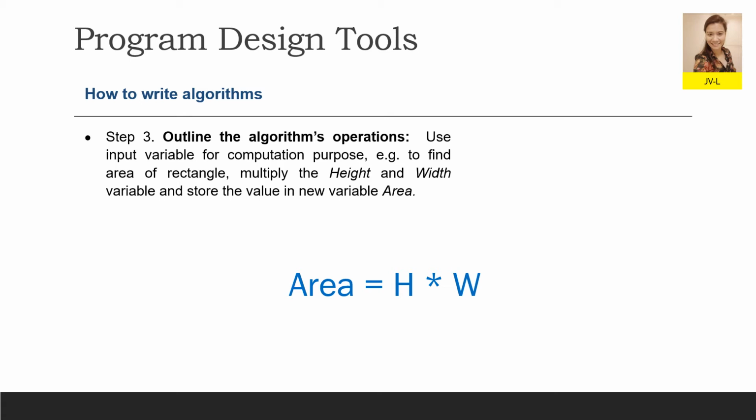So here, we could use h for height and w for width, and a, for example, for area. But since the word area is long to type, you could use a as a variable name instead.